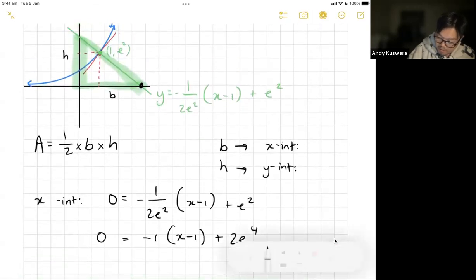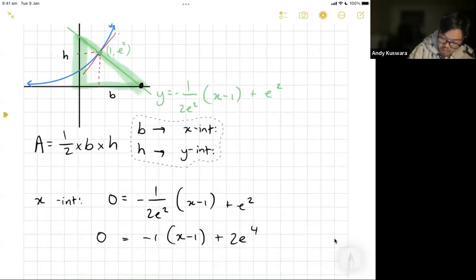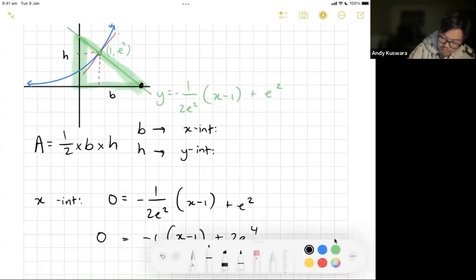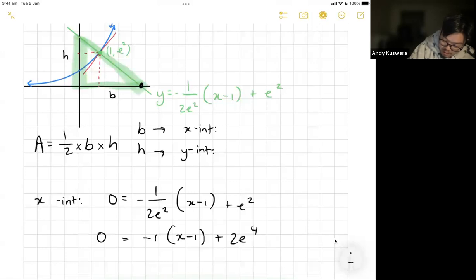I'm going to run out of room here, so let me make some room. And then from here, I can see that that is minus x plus 1 plus 2e to the 4 equals x. So here I'm just going to push the x over to the left-hand side. x equals 1 plus 2e to the 4.